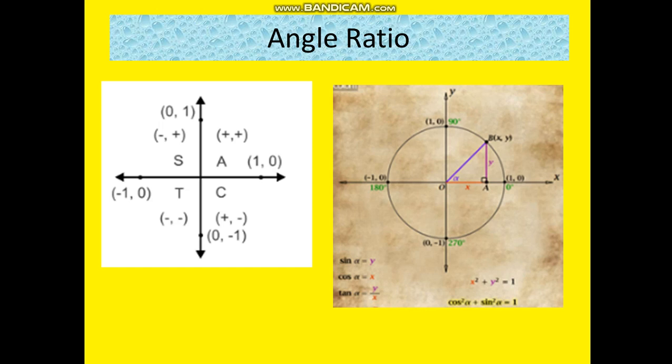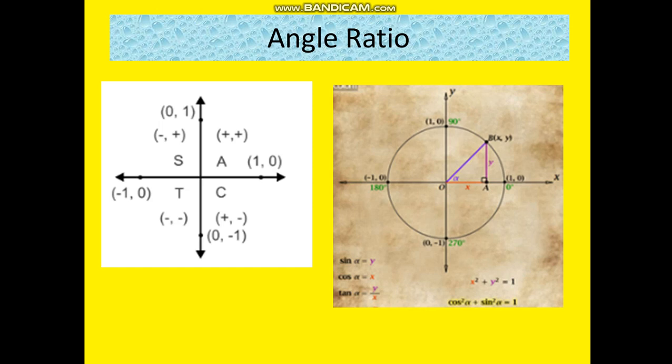Quadrant 1 is from 0 to 90 degrees, quadrant 2 is from 90 to 180, quadrant 3 is from 180 to 270, and quadrant 4 is from 270 to 360 degrees. All our angle measurements start from 0 and end at 360 degrees, which completes a full periodicity. That is the basic idea behind what we are going to study.